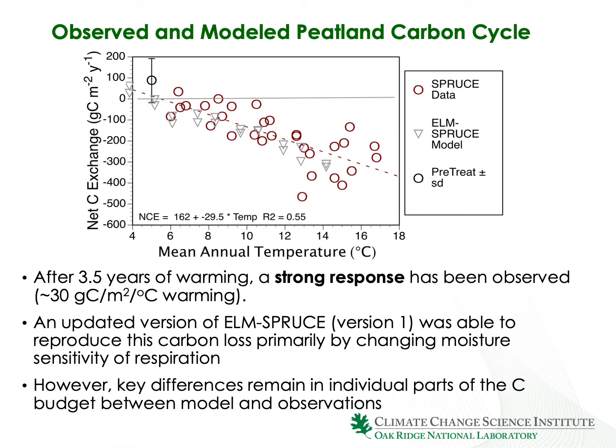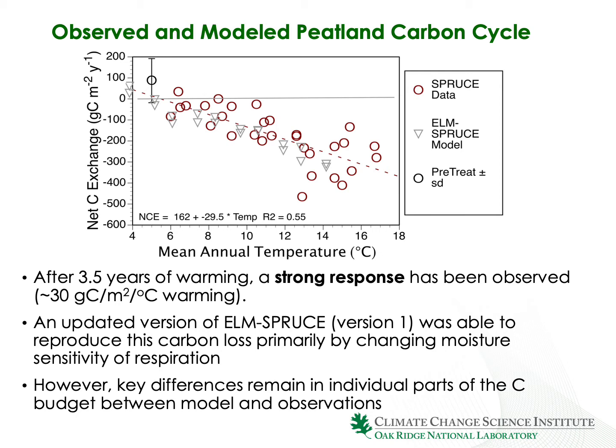So more recently, there's been an attempt to synthesize a lot of the observational data together from the first 3 years of the study and look at the response of the overall net carbon exchange to warming. And so we can see that data estimate in the red circles as a function of mean annual temperature. And there's a very strong observed response that's being seen at the site.